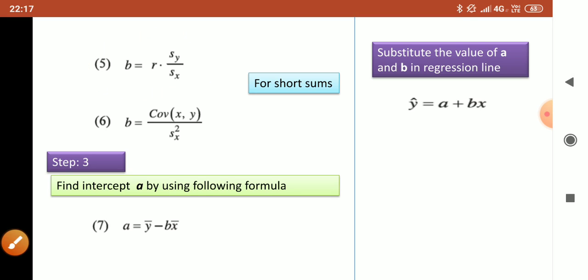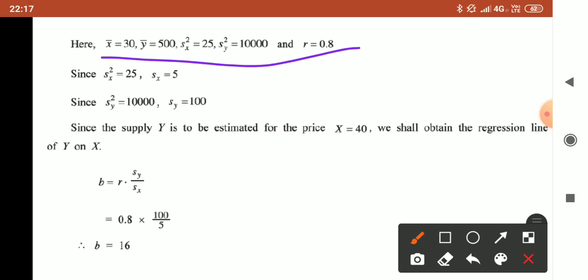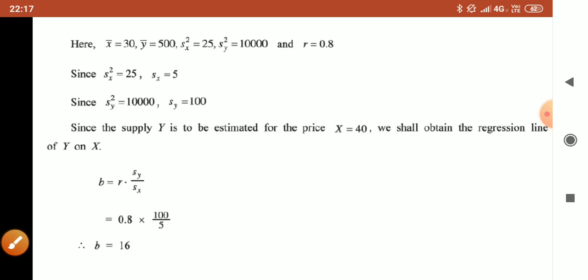So here x bar and y bar are given, sx square is 25, sy square is 10,000, r is given 0.8. So sx will be 5 and sy will be 100, as I have already told you.